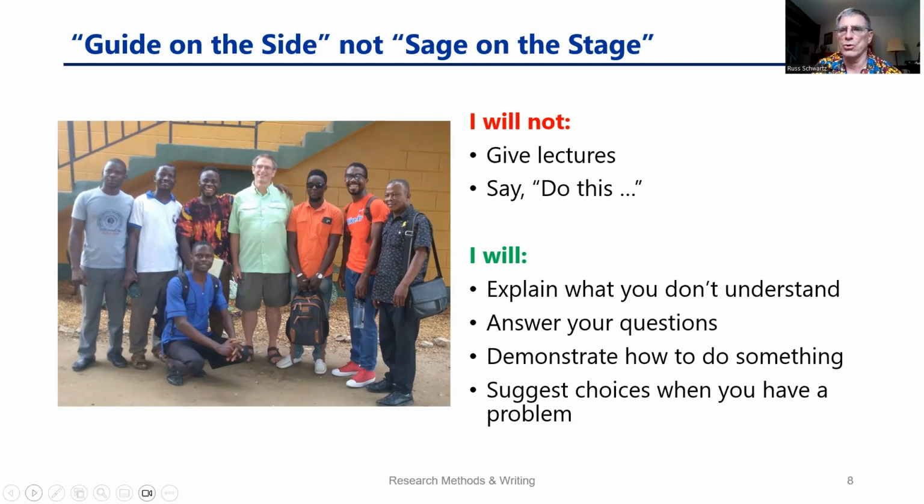This is an advanced course, and so I like to think that I am a guide on the side rather than a sage on the stage. In other words, I will explain things that you don't understand. I will answer your questions. I will show you how to do something if you can't figure it out or don't understand it. And when you have a problem, I'll suggest some choices, but you solve the problem.